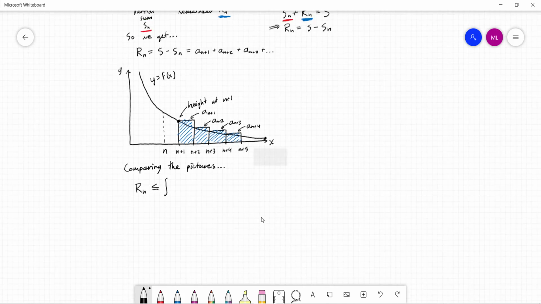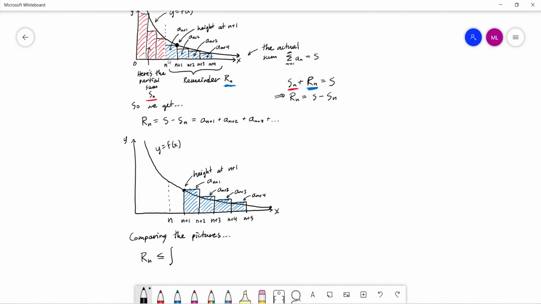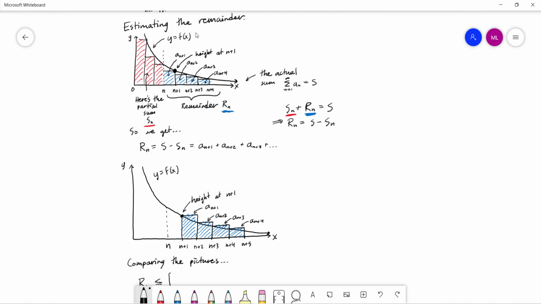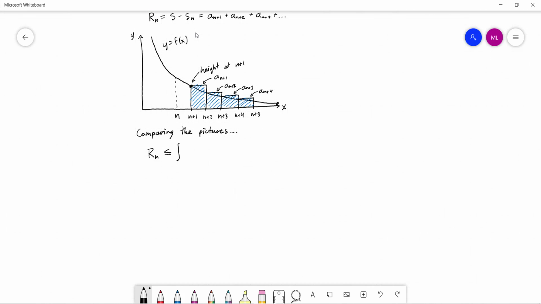In this top case, the remainder, the sum of the blue areas, is less than the integral starting at n going to infinity of our f of x function. So it's less than the integral from n to infinity of f of x dx. This is from the first picture.